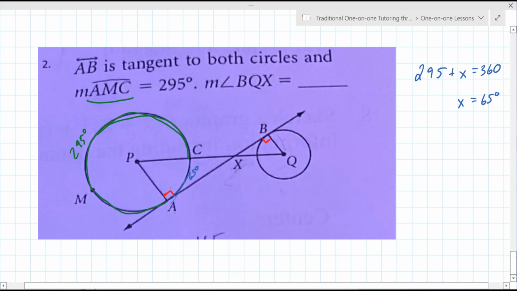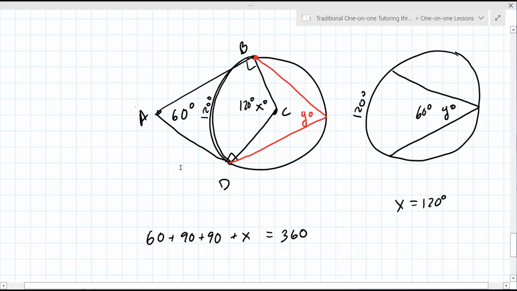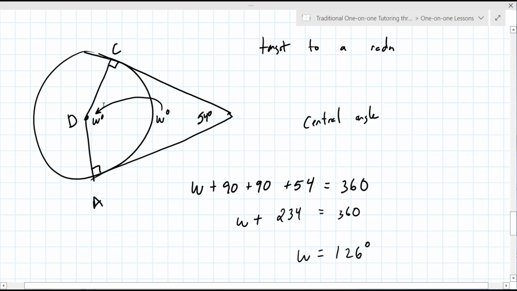What is the central angle P if this arc is 65 degrees? Don't overthink it here. Look back at the previous problem. See how W and W are the same? The central angle is the measure of the arc.